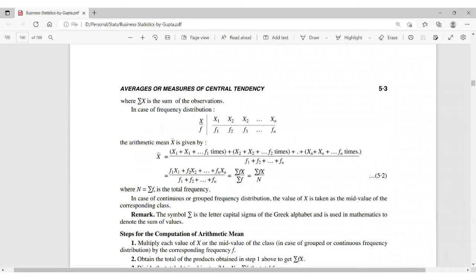Now come to this group data. Group data is what? Observations, and this is frequencies.